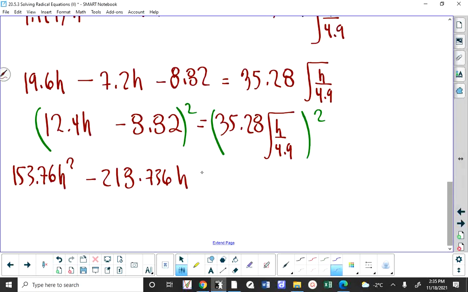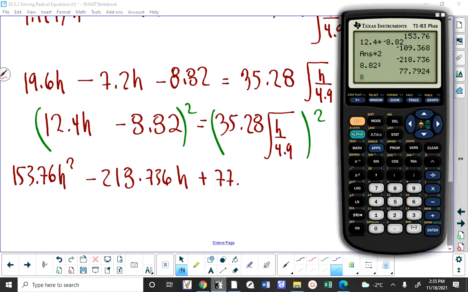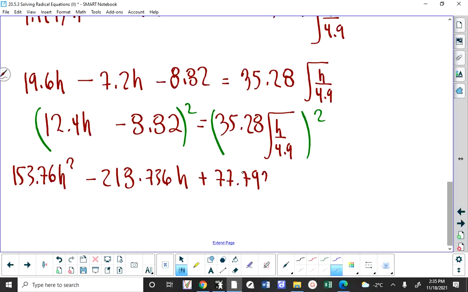0.7924. By the way, what you're looking at on the left-hand side, although those decimals are really a pain, that's quadratic, right? That's nothing really that complicated. Getting here was complicated.